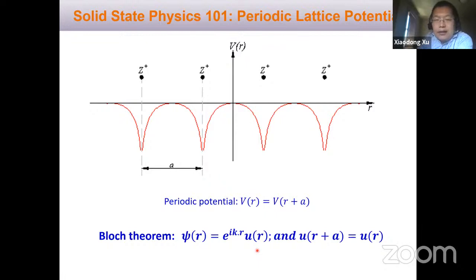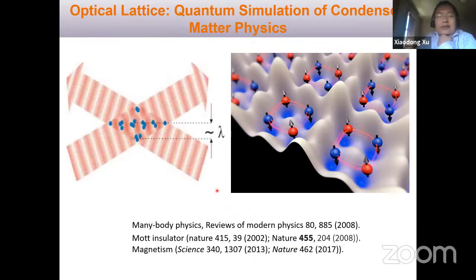An analog of such control is done in atomic systems. For example, here I show an optical lattice, where you can use interfering beams to create these traps, and researchers can load dilute atomic gas into the systems, then do quantum simulations of condensed matter systems.